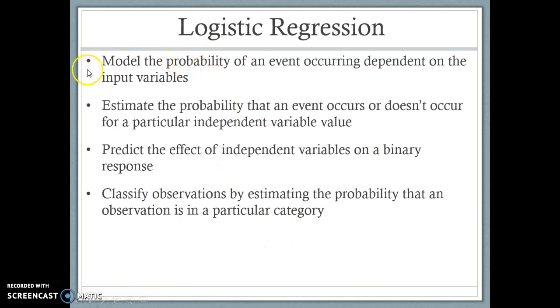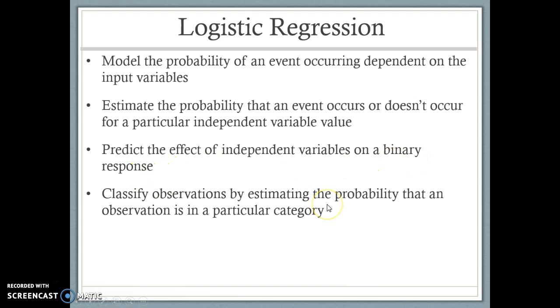So we work to model the probabilities of an event occurring dependent on the input variables. And we estimate the probability that an event will occur or won't occur for a particular independent variable value. So if I plug in a value, what is the probability that the outcome will occur? We predict the effect of independent variables on a binary response, a binary or dichotomous or categorical.